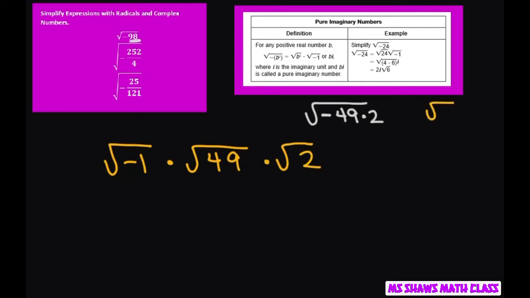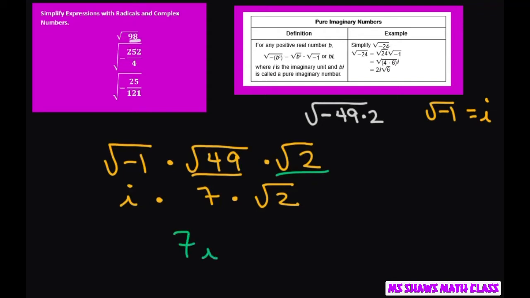Now, square root of negative 1 equals i. So what we want to do is write this as i times square root of 49, which is 7, and then times square root of 2. And there's nothing we can do with that. Now, by convention, we're going to write this as 7i square root of 2.